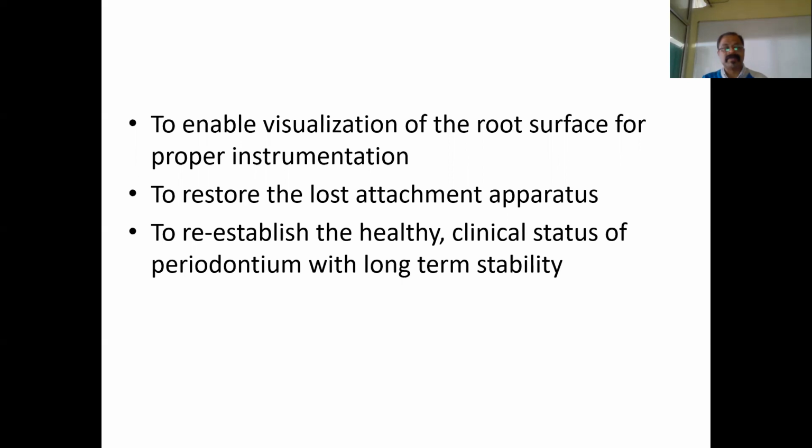Third is to re-establish the healthy clinical status of the periodontium with long-term stability. That means whatever surgical procedure we do, we make sure that the results obtained are maintained for a longer period of time.